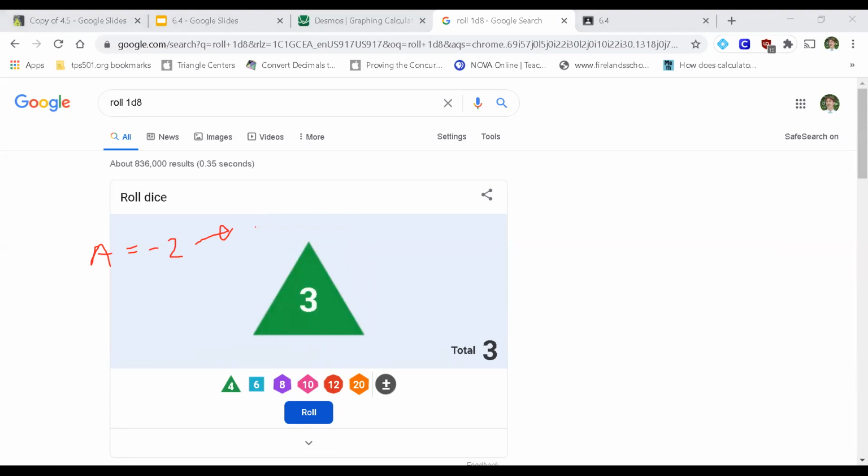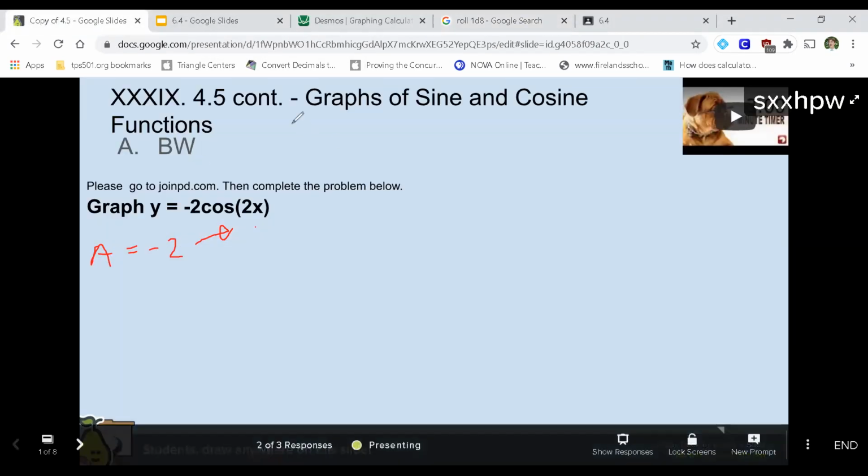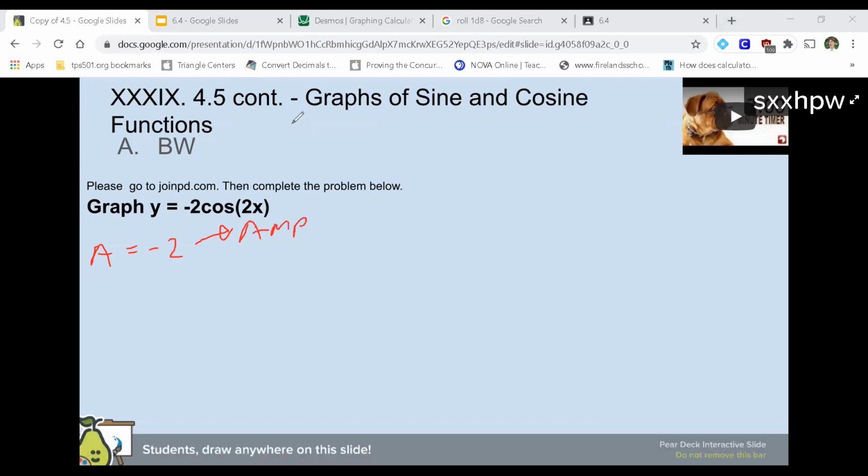Teresa, do you remember from yesterday what the A value does? It's the amplitude. That's the key thing. So that tells us our amplitude is 2, which basically means instead of bouncing between -1 to 1, we're going to bounce between -2 to 2.